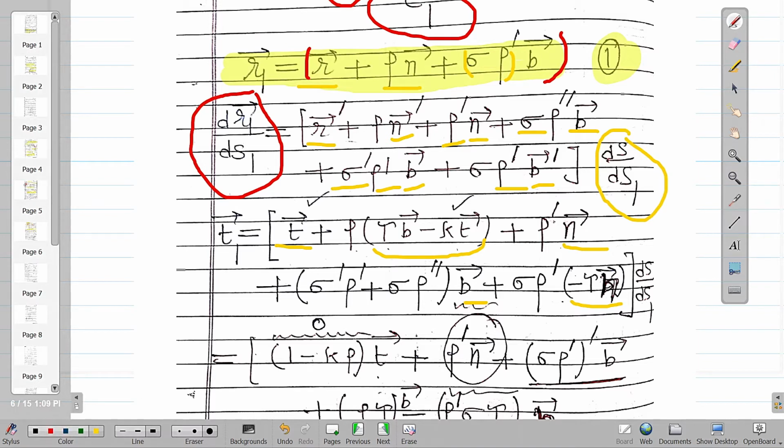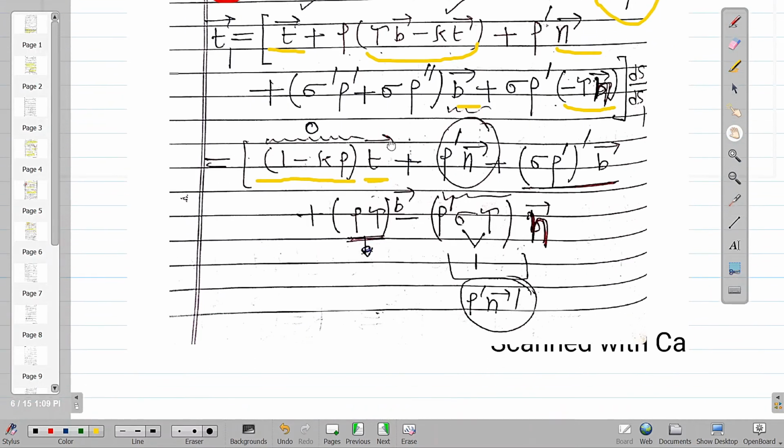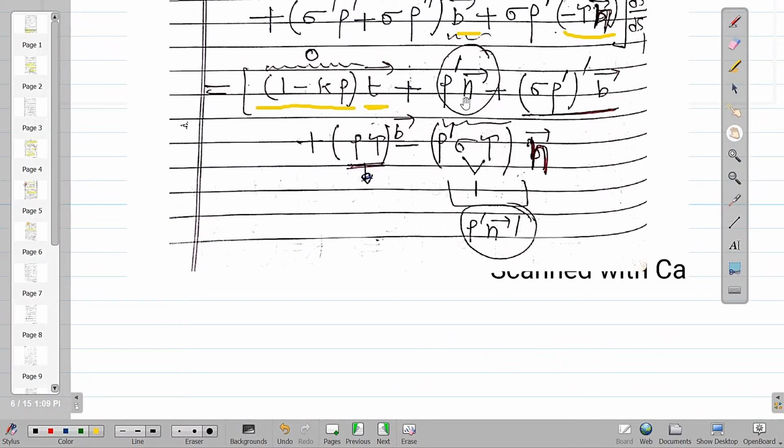From the first term we get 1 minus kappa rho into t vector. This is the coefficient of t vector, plus the second term. What is the second term? It is rho dash into n vector plus sigma rho dash, that is the combined form, into b vector.